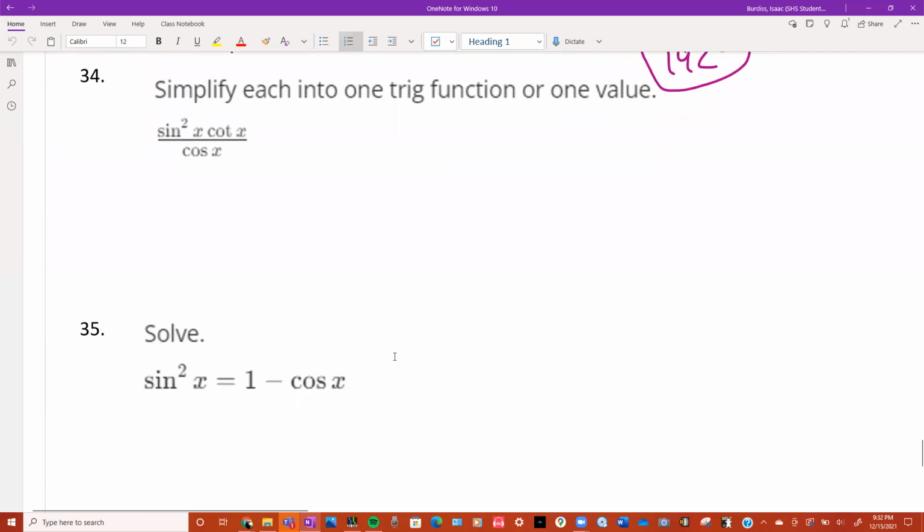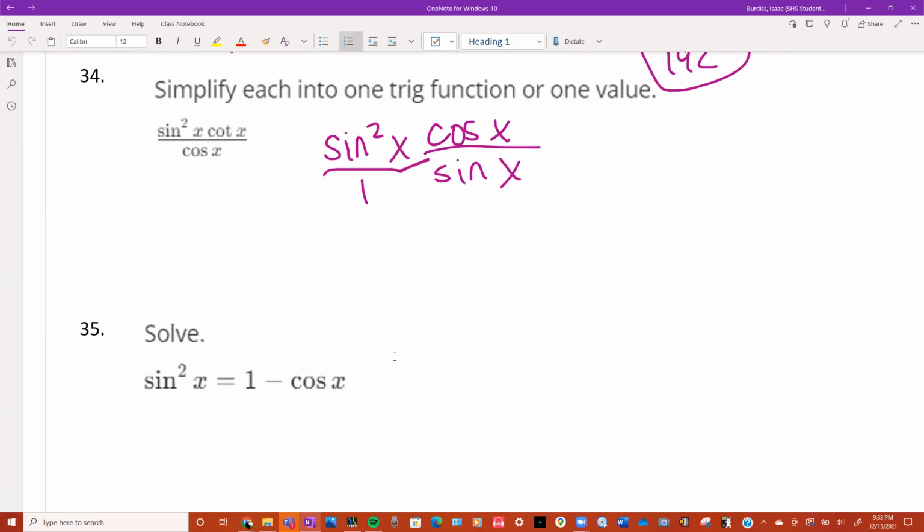All right, 2 more problems. Simplifying one first: sine squared x, and then the cotangent, that is x over y, so cosine over sine. Just make that fractions.